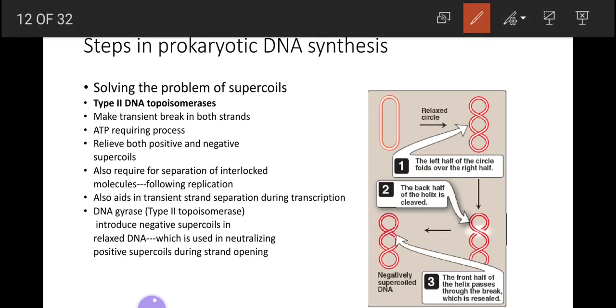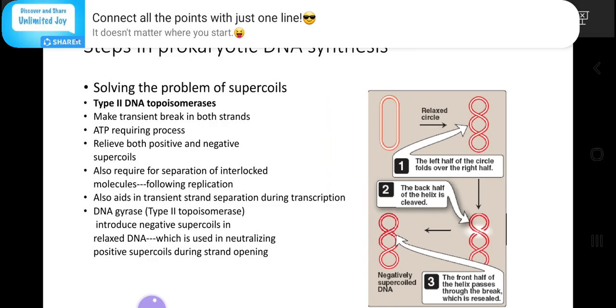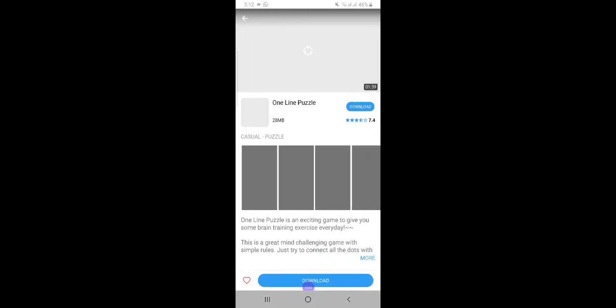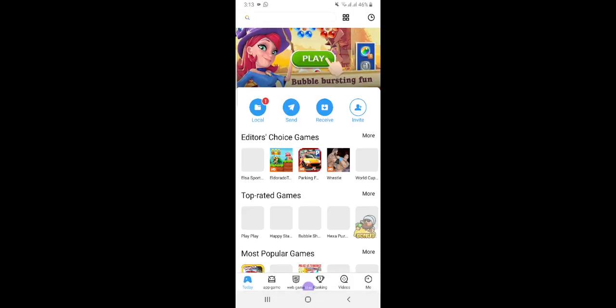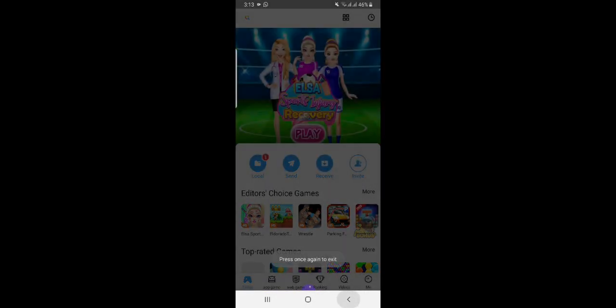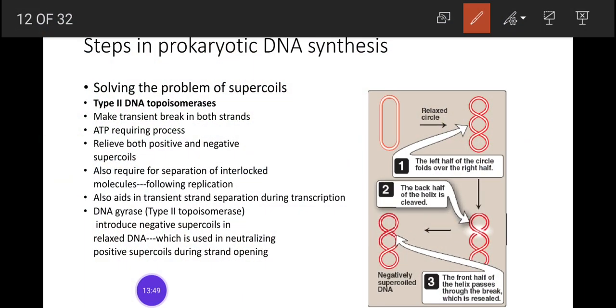The second type of enzyme used for relieving supercoils is type 2 topoisomerase. Type 2 topoisomerase binds tightly to the double helix DNA, and it makes a transient break in both strands.